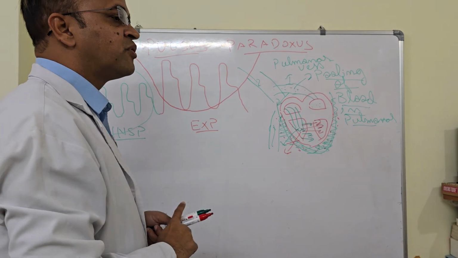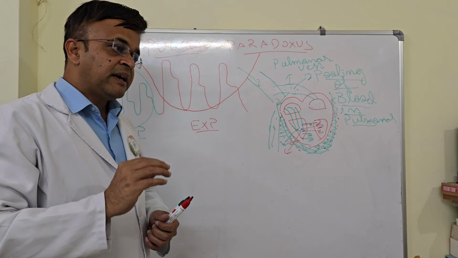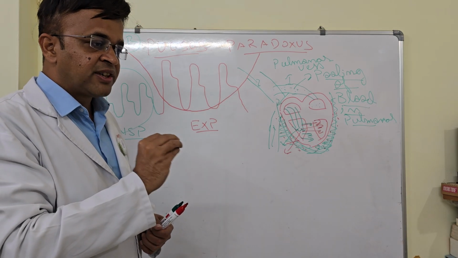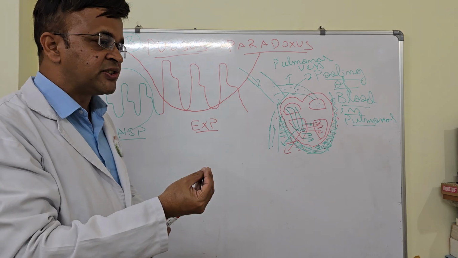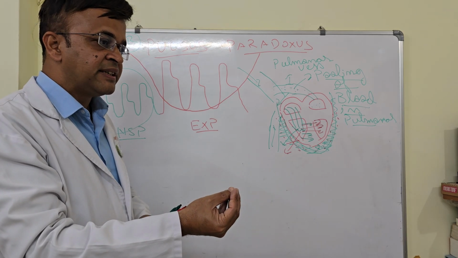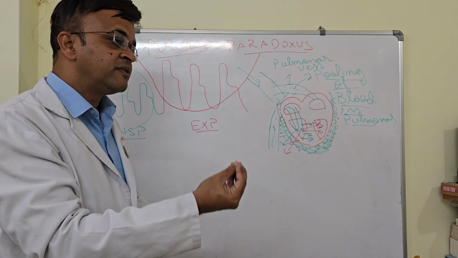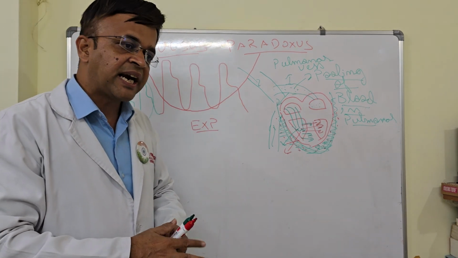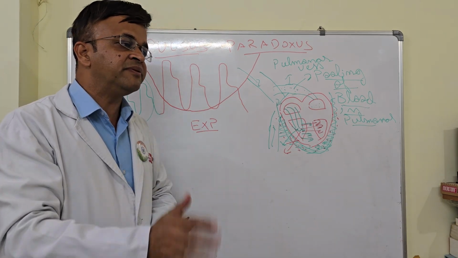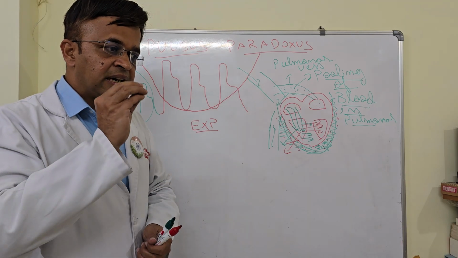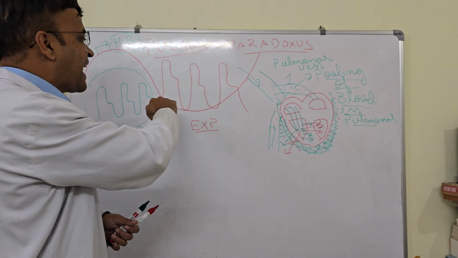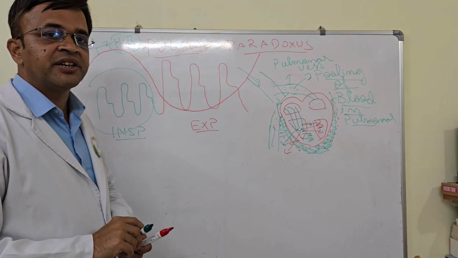Now many students have got this confusion. In some books it is written that pulsus paradoxus is seen in constrictive pericarditis, as if it is not a physiological phenomenon. Now pulsus paradoxus is completely physiological and it is found even in normal individuals, right? But this effect gets exaggerated in certain conditions.